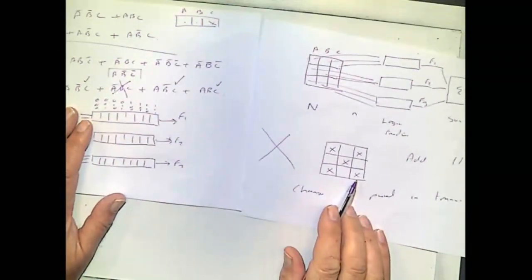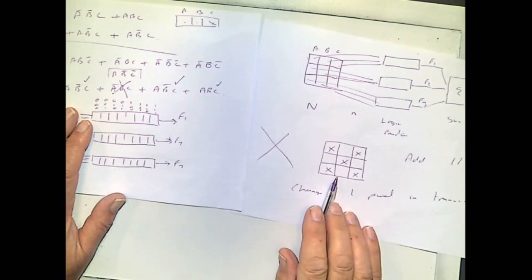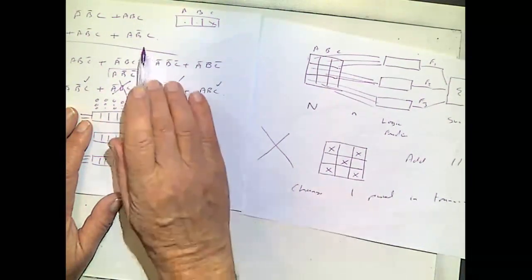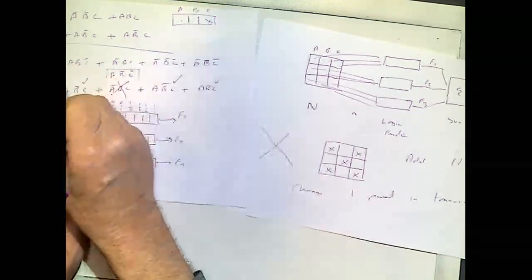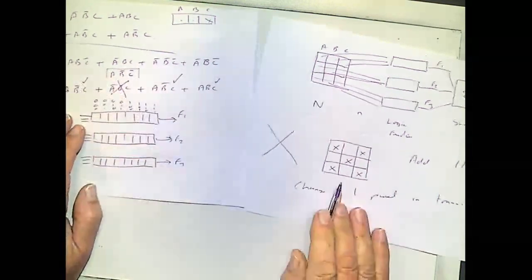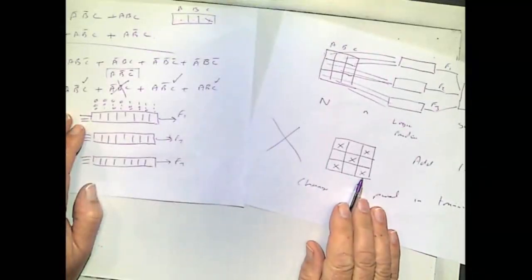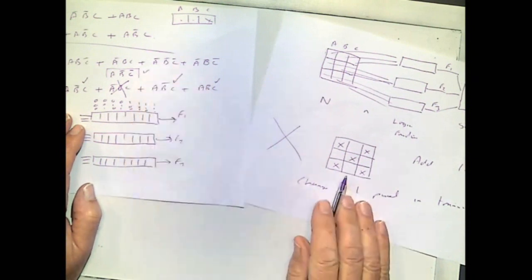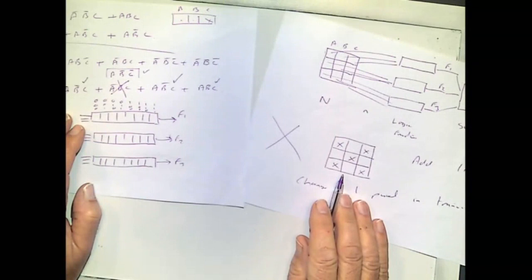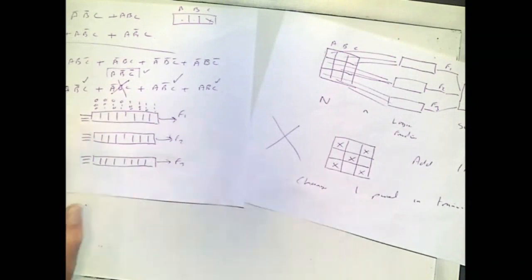A, not B, C. We haven't got the one with the noise not in the bottom row. We do. It's the first one. Oh, sorry, I was misreading that. My handwriting's so bad. Yes, so we've got that. Noise there will be A, B, C. Got that. Noise there would be A, not B, not C, which is that one. A noise not in the bottom row would be A, not B, C. Yeah. Okay. Right, now put those functions in the memories.